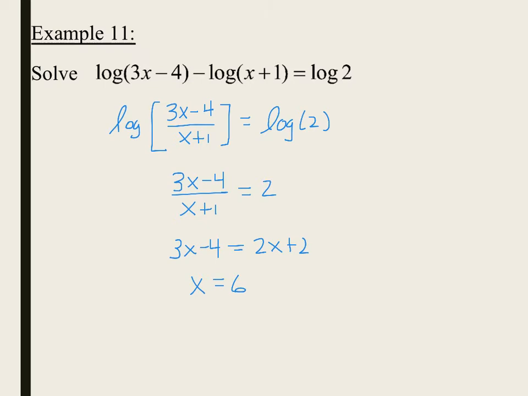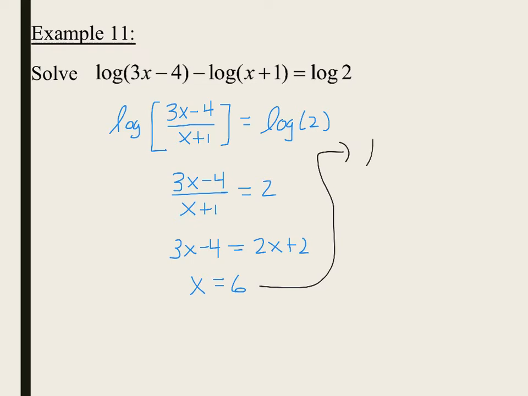When I plug this in, I should be okay, because 3 times 6 is 18 minus 4 is 12. So the log of 12 minus the log of 7 is equal to the log of 2. And so that's how this particular problem will work. Or actually it's 14, right? It's not 12. So let's just plug it back in.